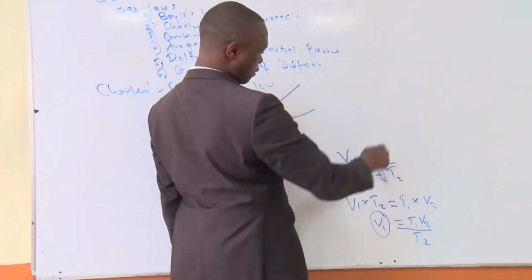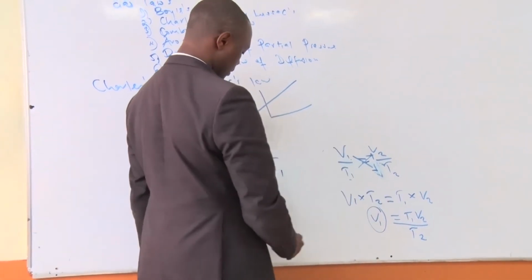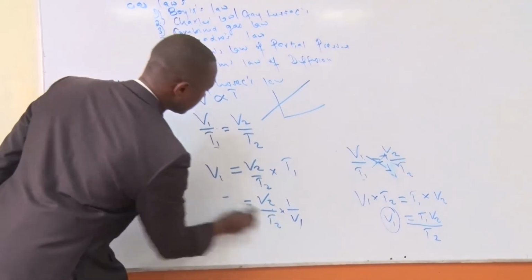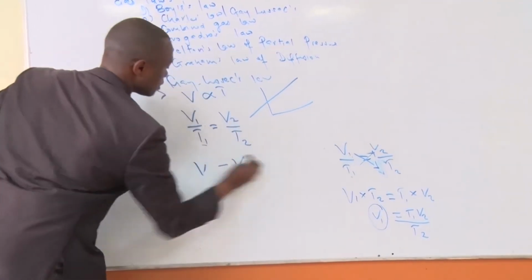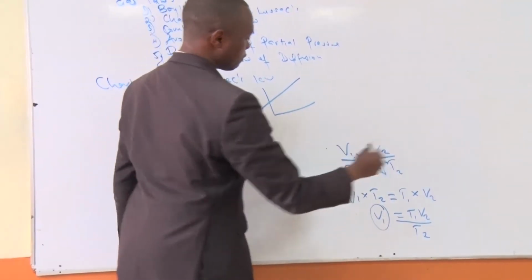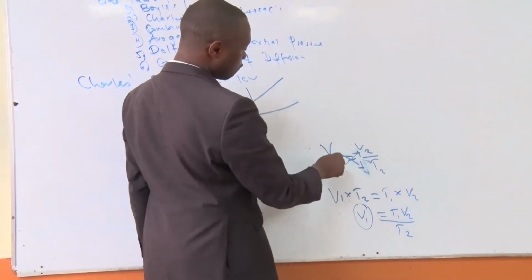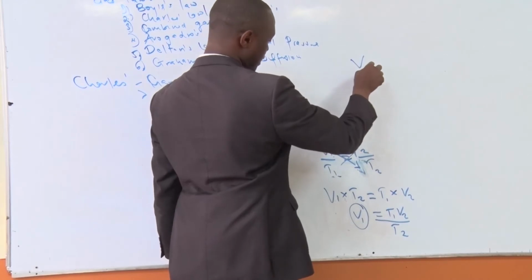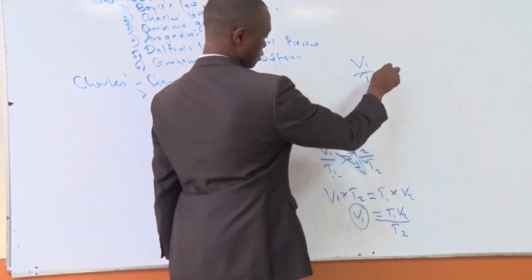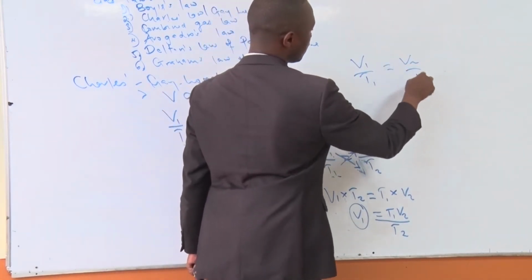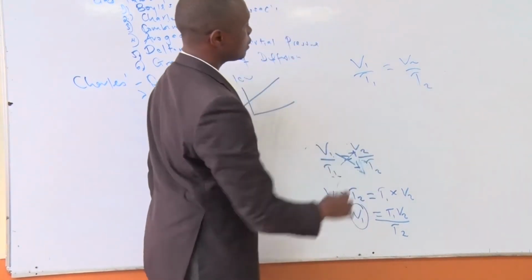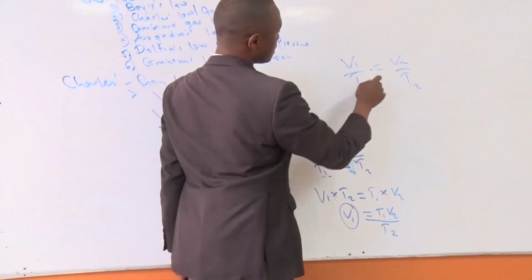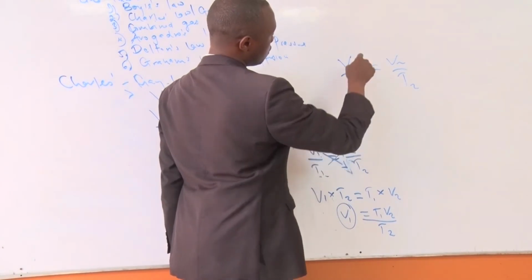Let's now look for T1. Let us do it this way: cross multiply to avoid confusion. So again, V1 over T1 is equal to V2 over T2. Now when we equate our values, we cross multiply.